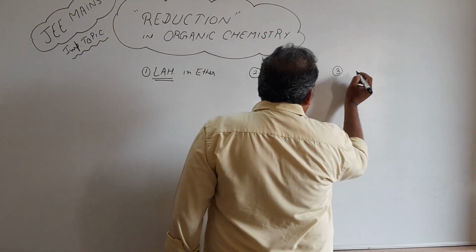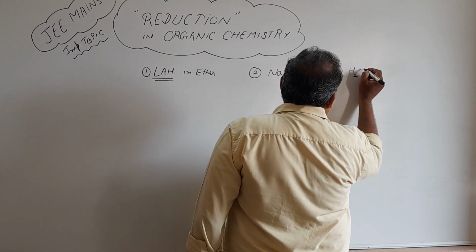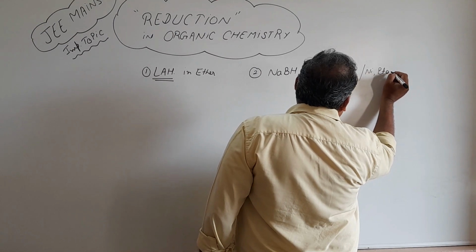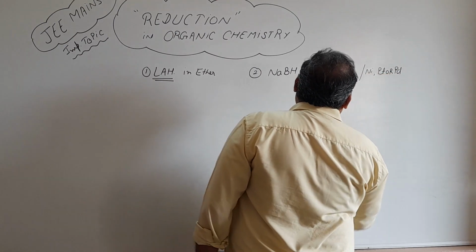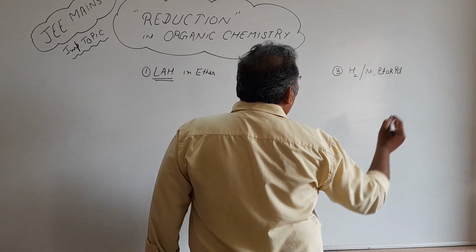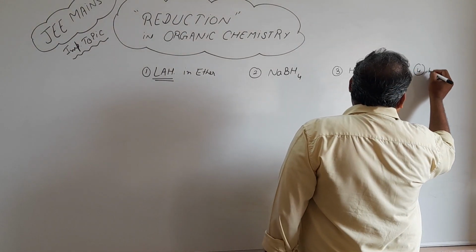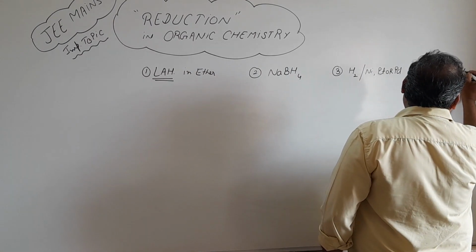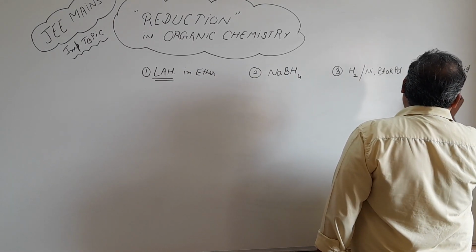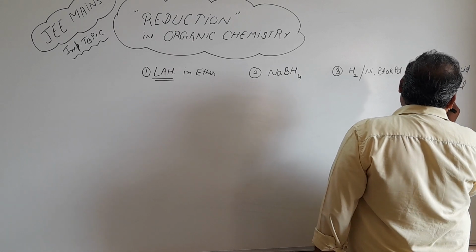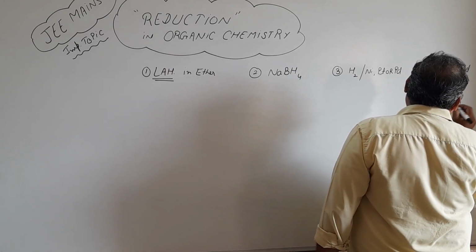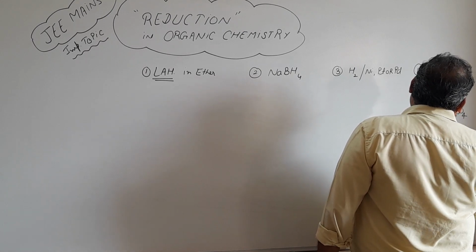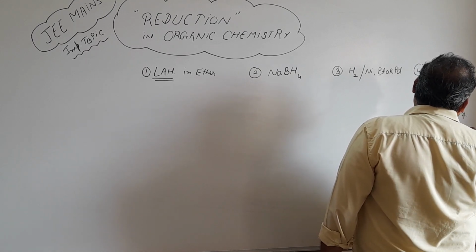Then the third one is H2 in the presence of Ni, Pt or Pd (palladium), etc. The fourth reducing agent is metal plus acid, like zinc plus HCl, Sn plus HCl, zinc plus H2SO4, or Fe plus HCl.